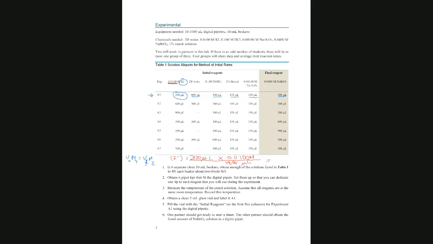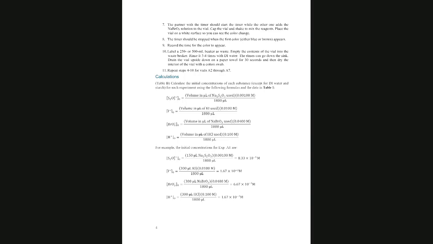And here at the end, if you have some questions, they will show you. See here, they give you some help. So they say, if you are stuck, table B helps you with that. Calculate the initial concentrations of each substance, except for the water and starch, for each experiment using the following formula. And then what do they do?